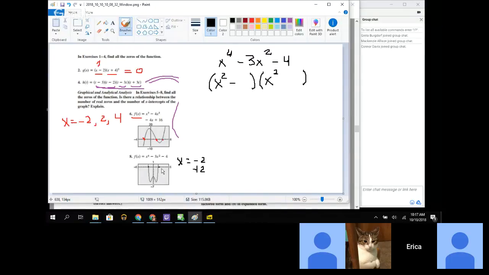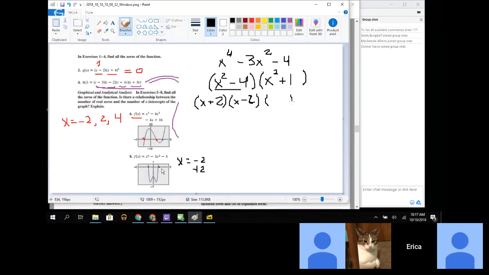And if I have -4 and +1, when I FOIL that, I will end up with x to the 4th minus 3x squared minus 4. Okay, and then if I factor this again, I get x plus 2 and x minus 2, right? That makes x squared minus 4.